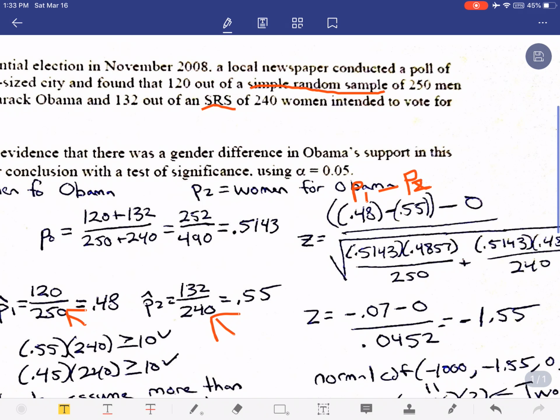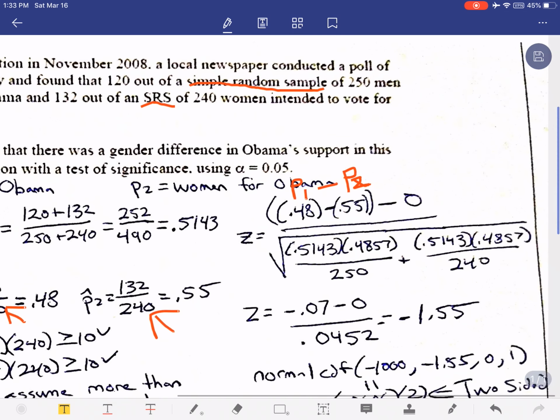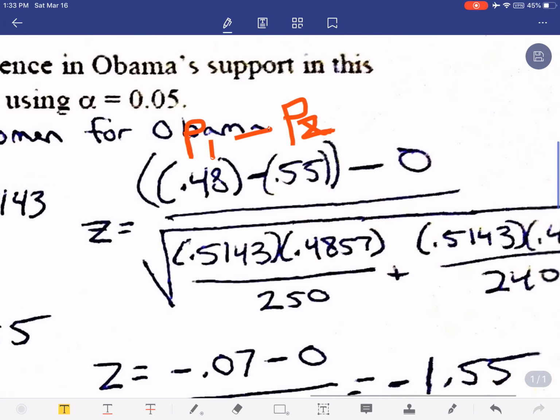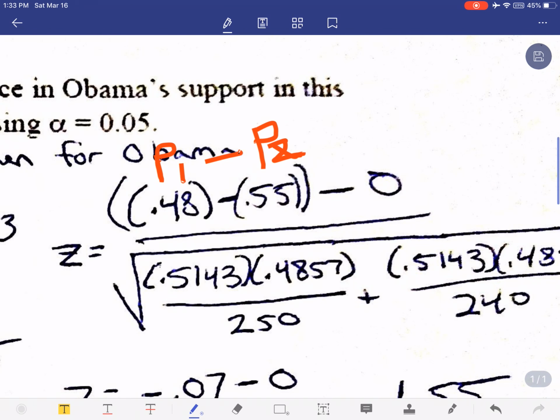So that came out to 0.48 and 0.55. We already calculated those, so that's how we get those numbers and plug them into our formula. And this should have a p hat there because it's our sample proportion. So we subtract them from each other. That's how we get that first number on the top.